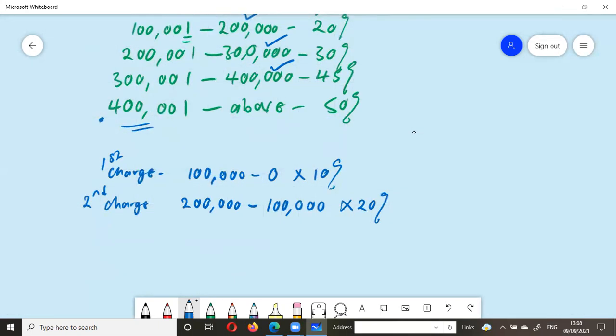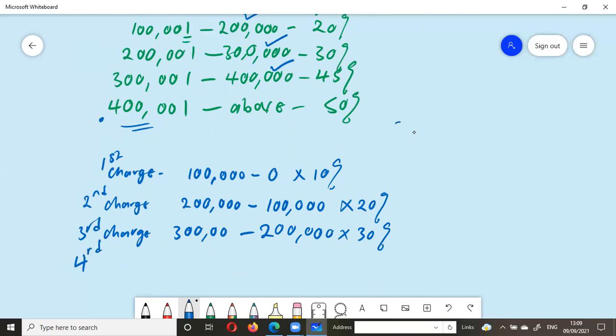Then the third charge will be 300,000 minus 200,000, charging us 30%. Now the fourth one, does it exceed this?